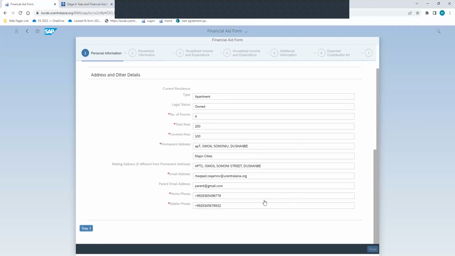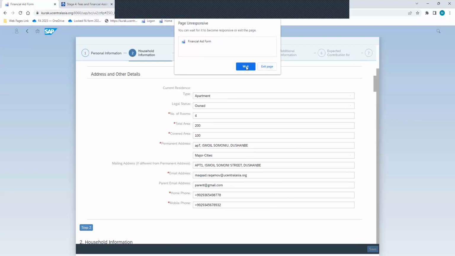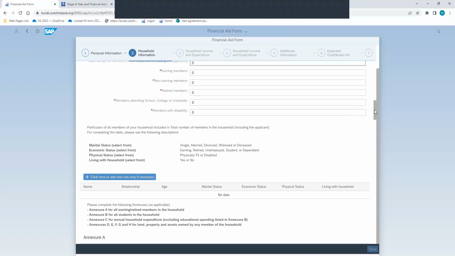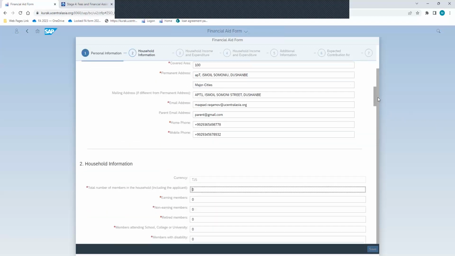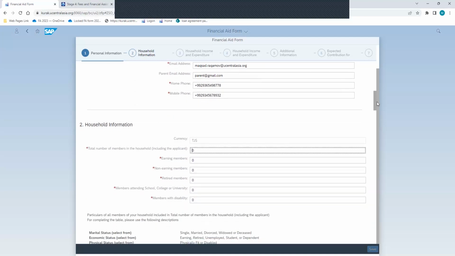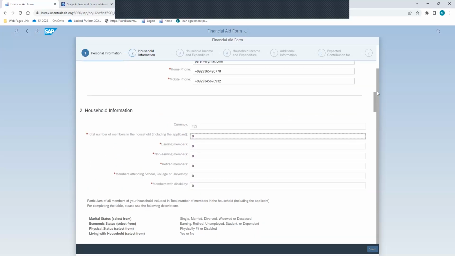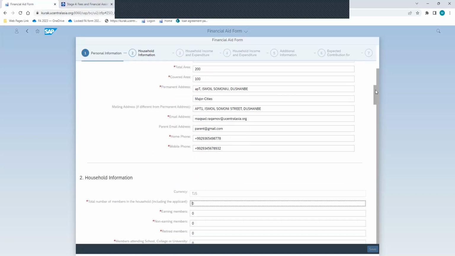Somehow, maybe due to the internet connection, it's showing us that it's unresponsive, but after some waiting, yeah. So now we're going to step 2, household information.